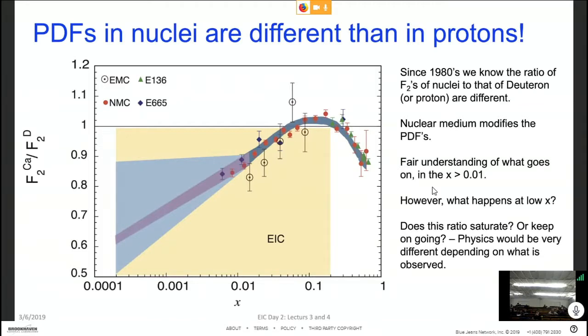The only problem with this plot, and I'm sorry I did not write it down on this one, is that the measurements that were made with the EMC, the low x data, also were made at very low Q squared, almost lower than a Q squared of 1, or very close to it. Which meant that people were unhappy about those measurements, saying that these were not in the perturbative regime.